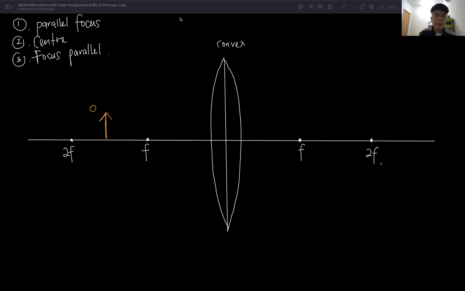That means the light ray comes from the tip of the object, and it goes parallel to the principal axis all the way to the lens. Again, parallel, focus: parallel to the principal axis and then to the focal point. Put the arrow like this. This is ray number 1.